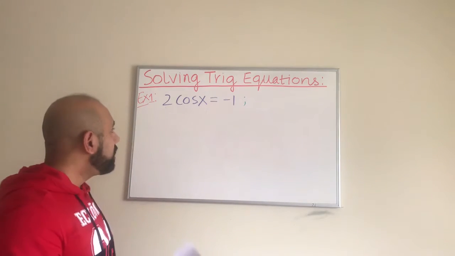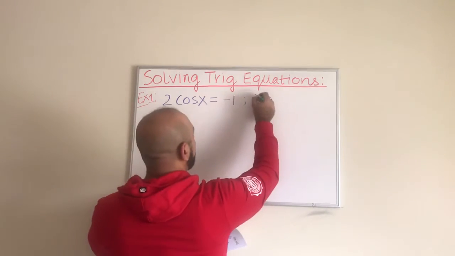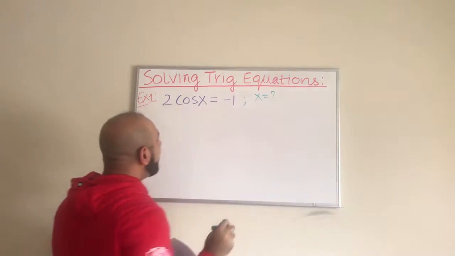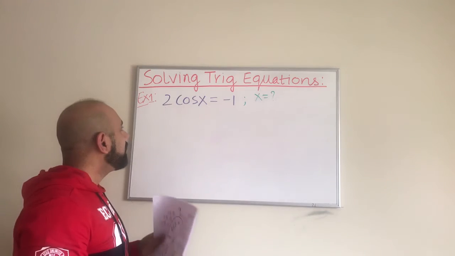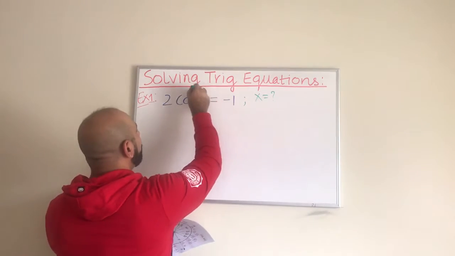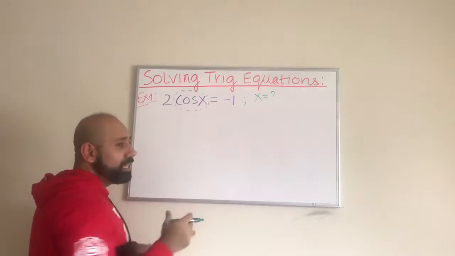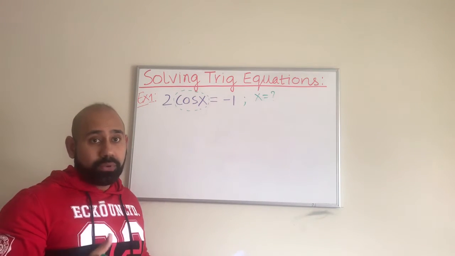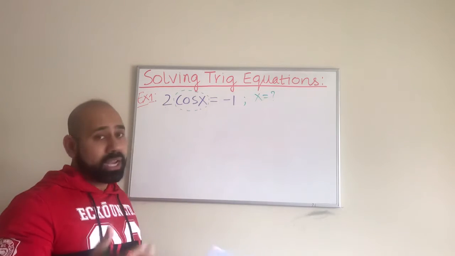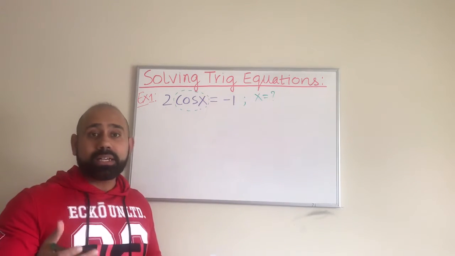Okay, so in order to find that x, the very first thing we're going to do is try to isolate the cosine of x, right? And that is exactly what you would do if I have an algebraic equation of the form, let's say, 2x equals -1. You would like to isolate the x, right?